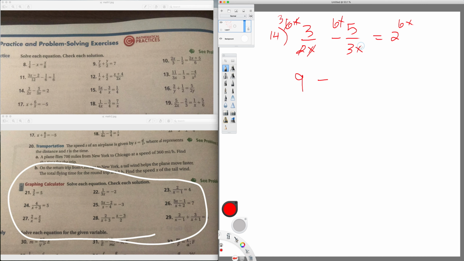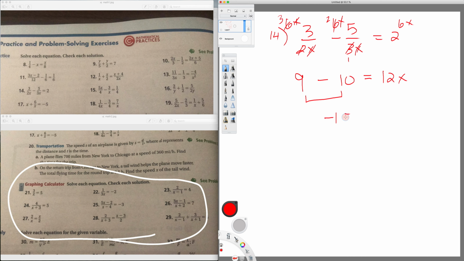Minus, here the x is going to cancel. 6 divided by 3 reduces to a 2. And that 2 gets multiplied by that 5. So it's minus 10, equals, nothing cancels here, so it's just 2 times 6x, it's 12x. And this is kind of nice here, even though it's a negative, I can combine these two because they're both just constants.